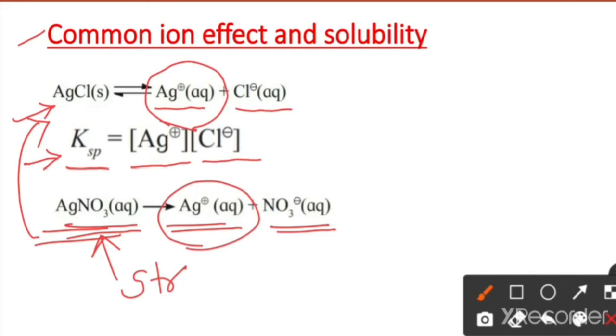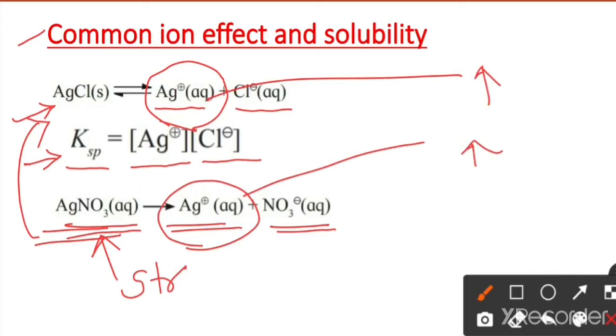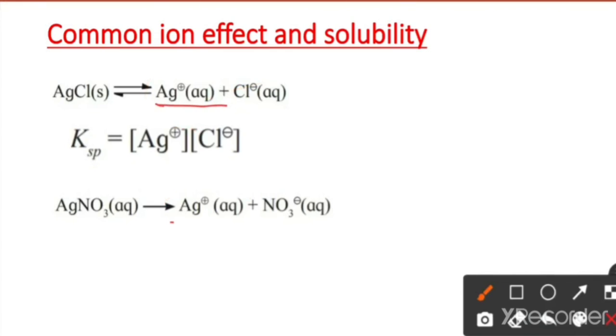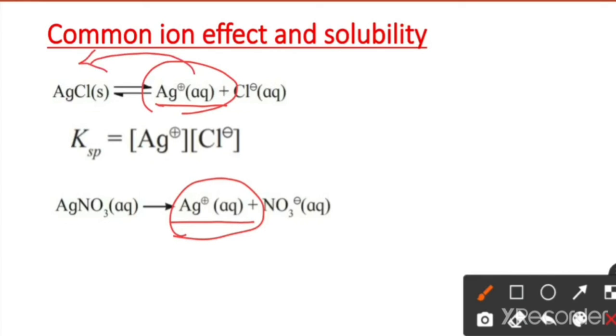The concentration of Ag plus ion in the solution increases, and due to this, according to Le Chatelier's principle, addition of Ag plus ion from silver nitrate to the AgCl solution shifts the equilibrium towards the reactant side, or right to left, and precipitation is favored until equilibrium, and the value of Ksp remains the same, since it is an equilibrium constant.